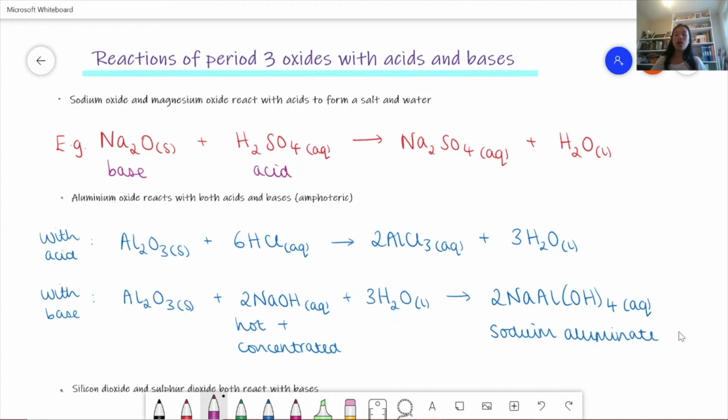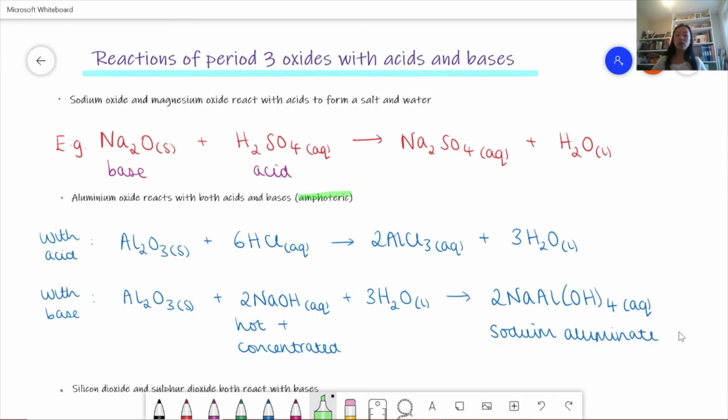Aluminium oxide reacts with both acids and bases, and we call this kind of behavior amphoteric. So when it reacts with an acid, for example hydrochloric acid, it forms AlCl3, so aluminium chloride, and water. And when it reacts with a base, it reacts with hot and concentrated sodium hydroxide and water to form sodium aluminate.